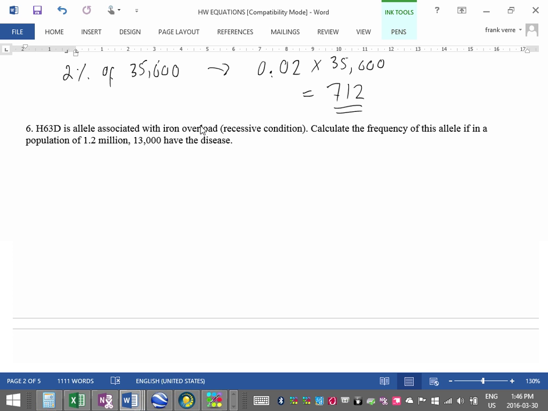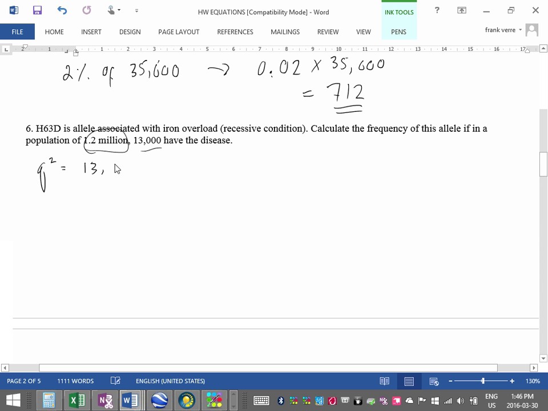It's a recessive condition, so you need to be Q squared to have this condition. We're told that 13,000 out of 1.2 million have it. So 13,000 out of 1.2 million have to be Q squared.